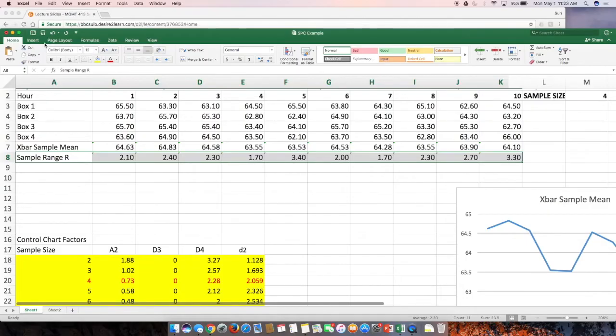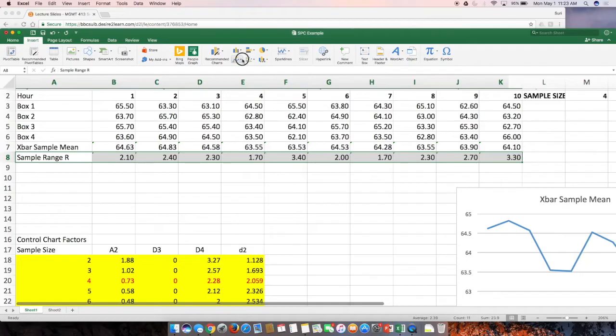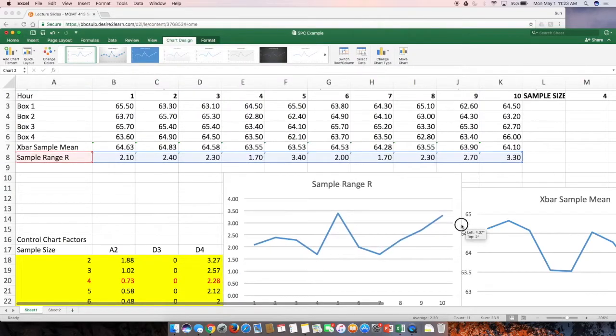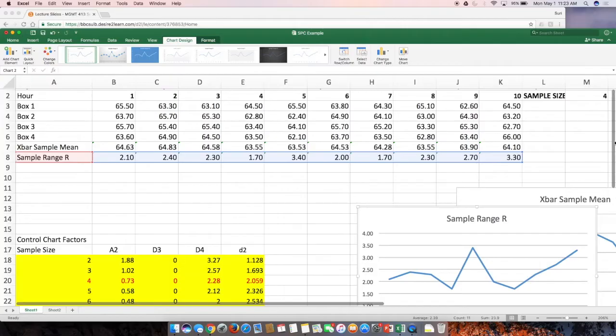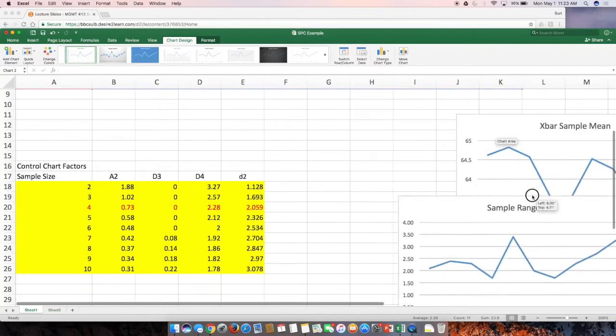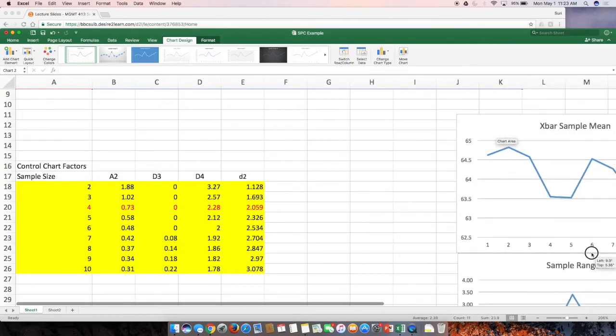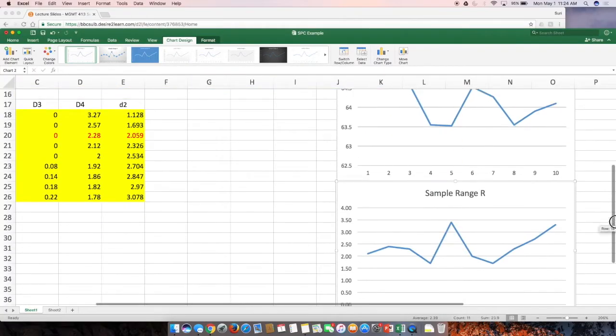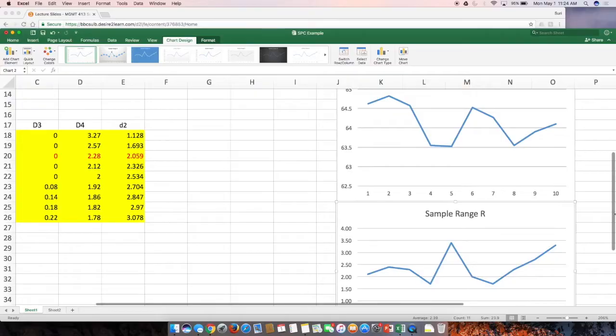This is exactly what I want to plot, except I need to also understand relative to what. How do I know this is in control or out of control? These are the two charts, the X bar and the range values we're supposed to draw. By the way, it's not enough to just look at one. You have to look at both. Which means what? If you want to certify in control, both of these charts must be in control. If one of them is out of control, then your process is out of control.